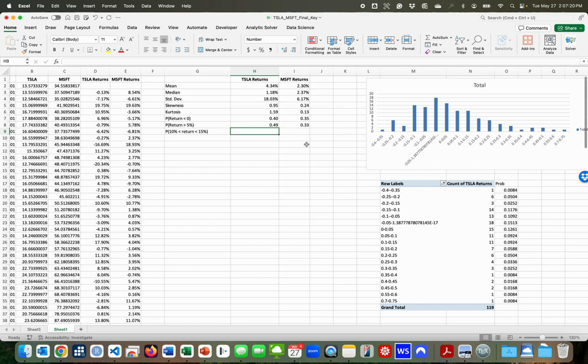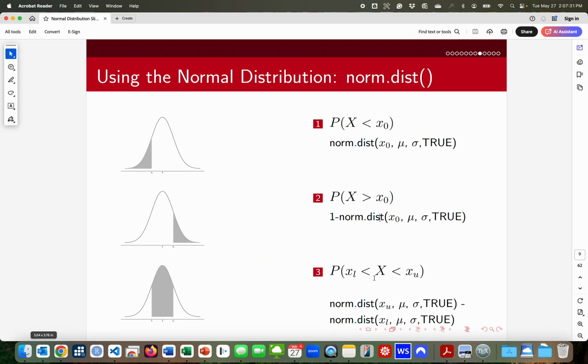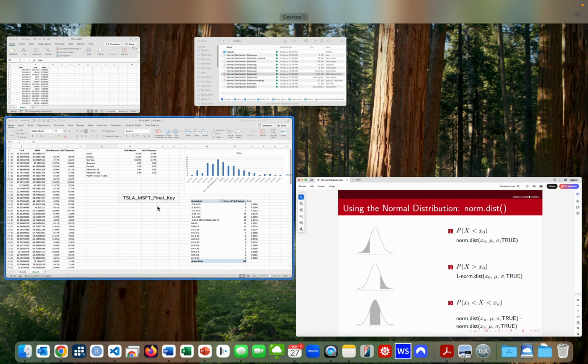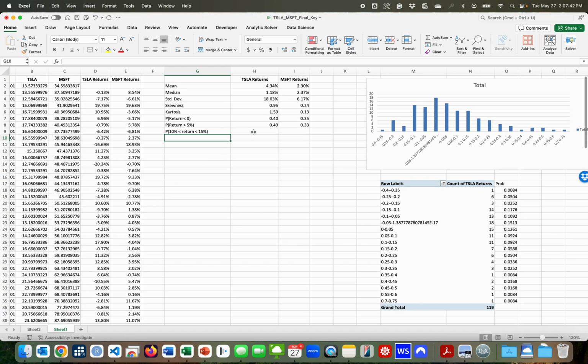If it's truly normal, we would use norm.dist. Actually, let's go back just a second. This is what we're looking for right here. We're going to set this to 10%, this to 15%, and we're going to find that area in between.